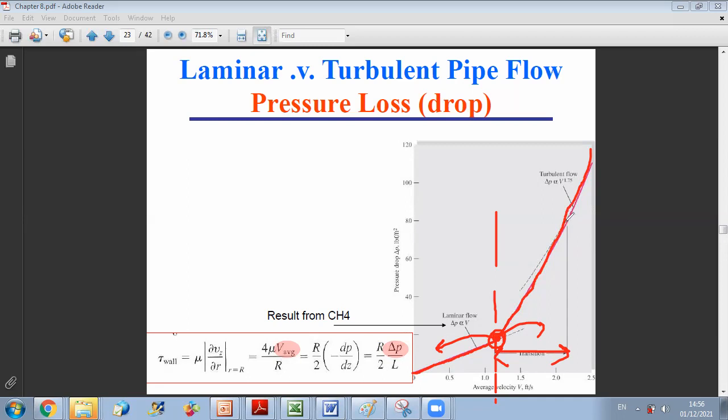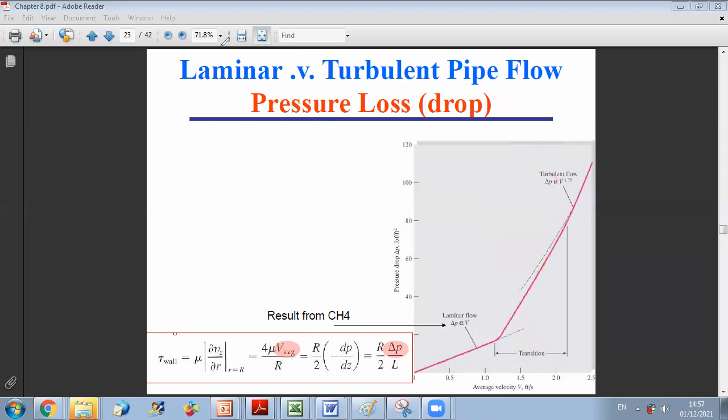And finally, you can reach a certain profile in the turbulent flow region where the pressure drop is proportional to V to the power 1.75. We demonstrated that experimentally from fitting techniques. So the pressure drop will increase much faster in turbulent flow than in laminar flow.